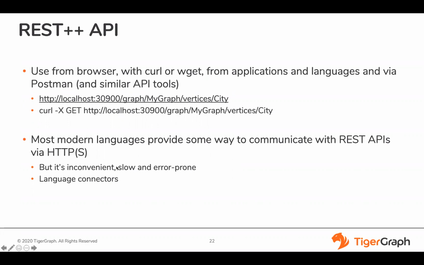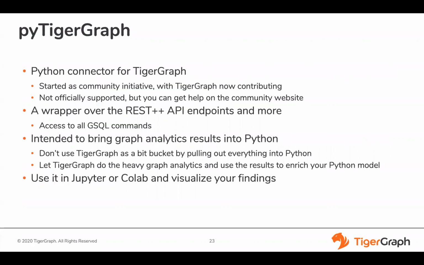Most modern languages provide some way to communicate with REST APIs via HTTPS. It's more convenient. But it's still inconvenient, slow, and error prone if you have to handle each of the requests yourself manually. So this is why we started to develop language connectors, and this is where I finally get to PyTigerGraph, which is a Python connector for TigerGraph.